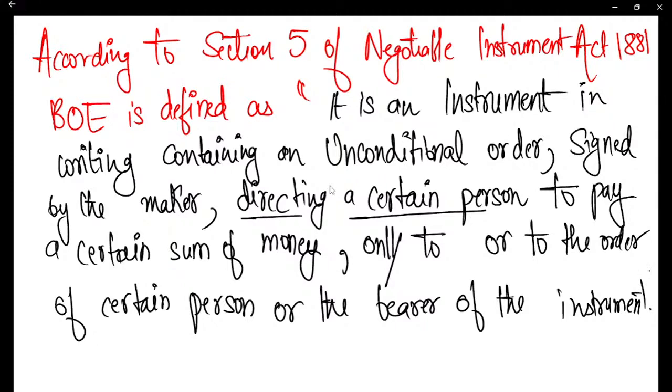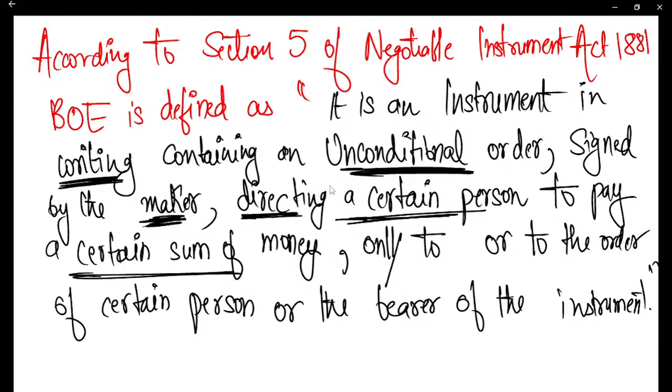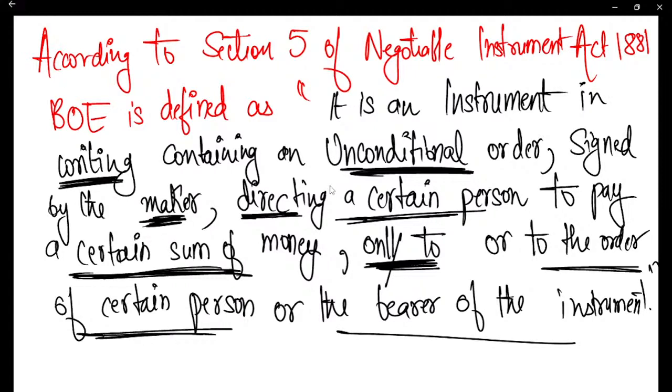This was the meaning of bills of exchange. It is an instrument in writing containing an unconditional order signed by the maker directing a certain person to pay a certain sum of money only to or to the order of certain person or the bearer of instrument.